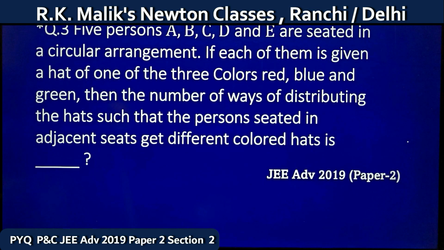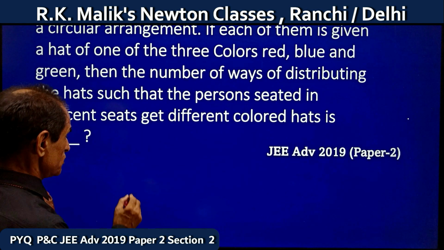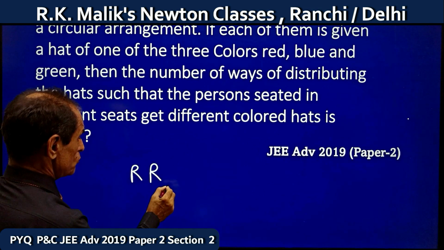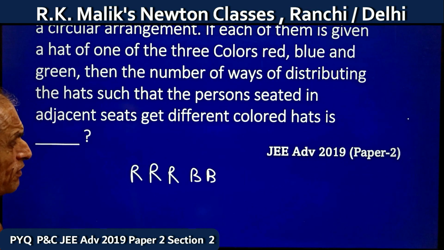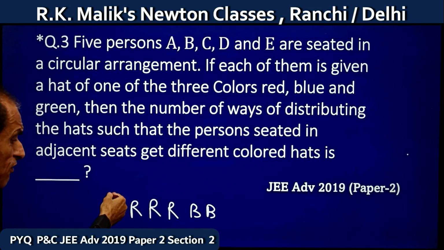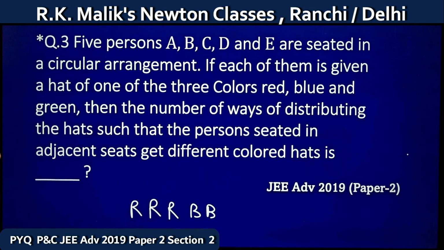It is obvious that we'll have to use all the three colored hats, because if I use hats of only two colors, then the given condition will not be satisfied. For example, if we use 3 red and 2 blue, it is not possible to give the hats to the persons A, B, C, D, E such that the given condition is satisfied.